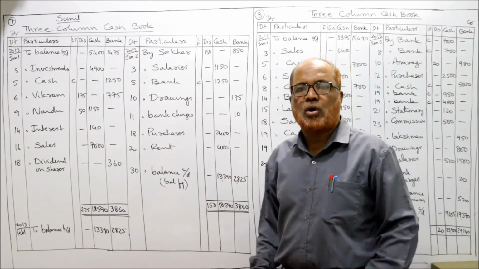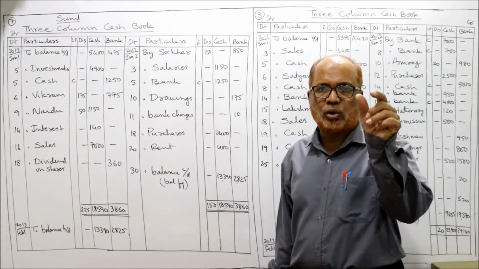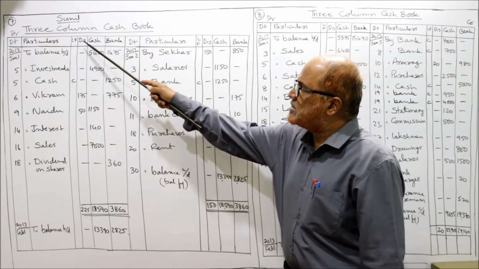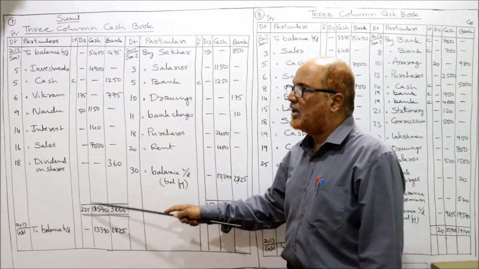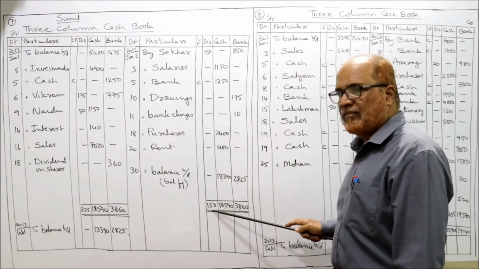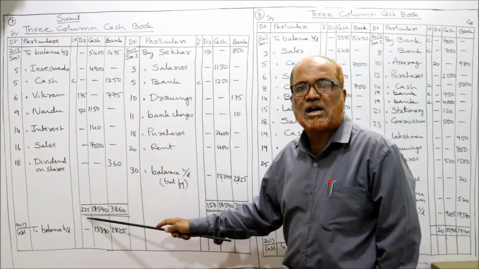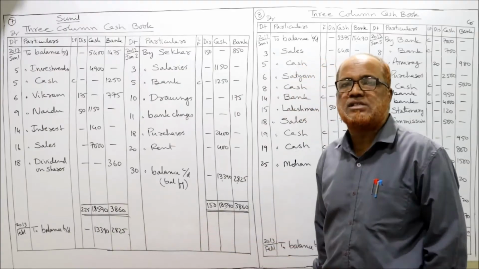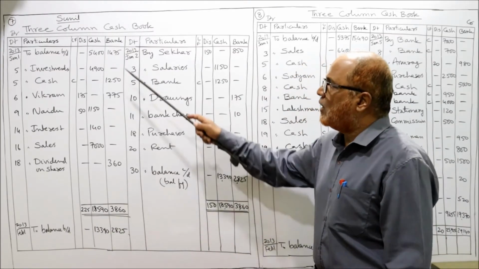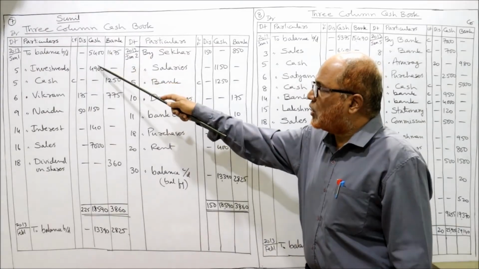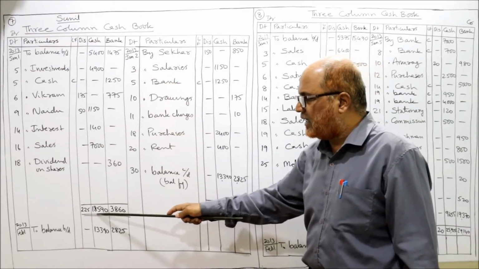First of all, discount column, no balancing. Only total on debit, total on credit. So debit side discount column is 225 and credit side discount column is 150. So 225 is discount allowed and 150 rupees is discount received, no balancing. Now cash column. If you take the total of the cash column, debit side you are getting 18,590.